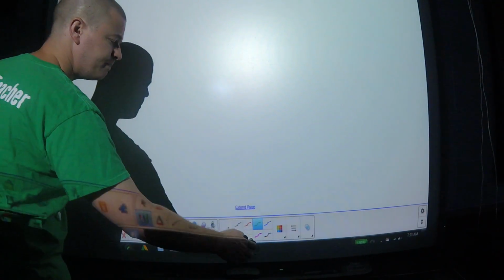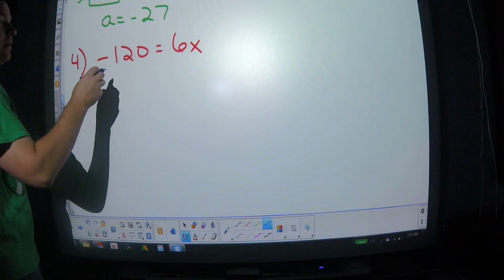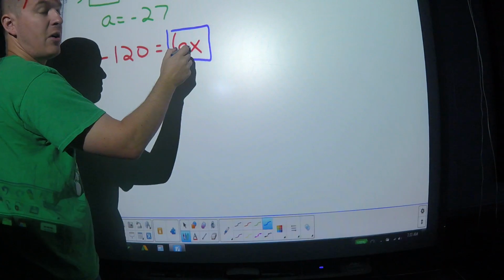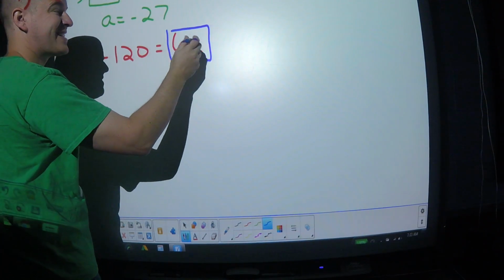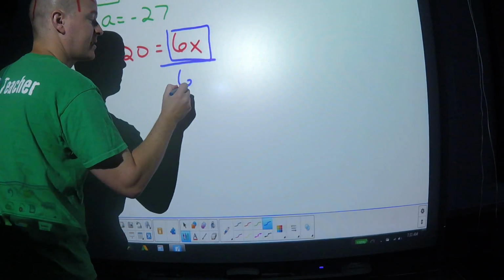Looking at number 4, you've got this side with the variable. Remember that even though there's no multiplication sign between them, that's 6 times x, so you've got to divide by 6 on both sides.